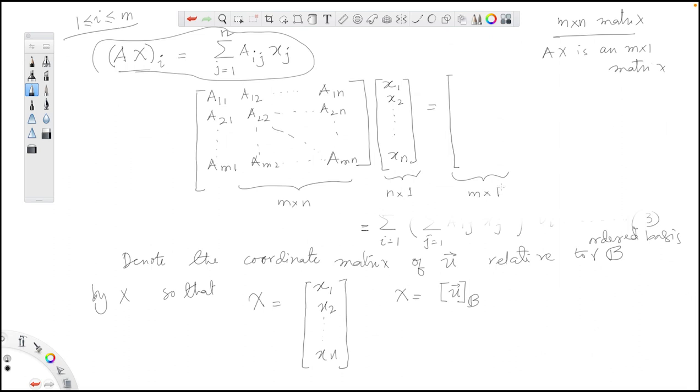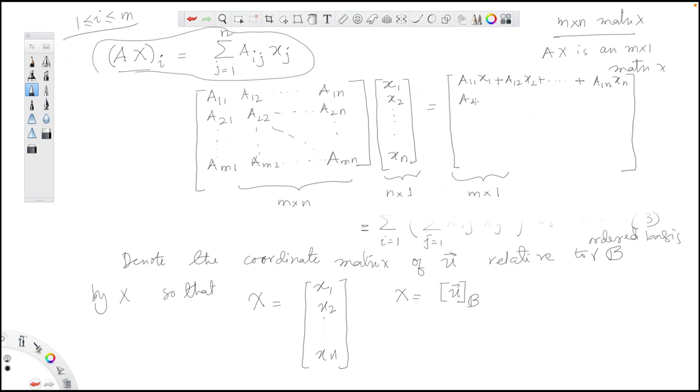So there will be m entries in this column. The first entry is A11x1 plus A12x2 plus all the way up to A1n xn.